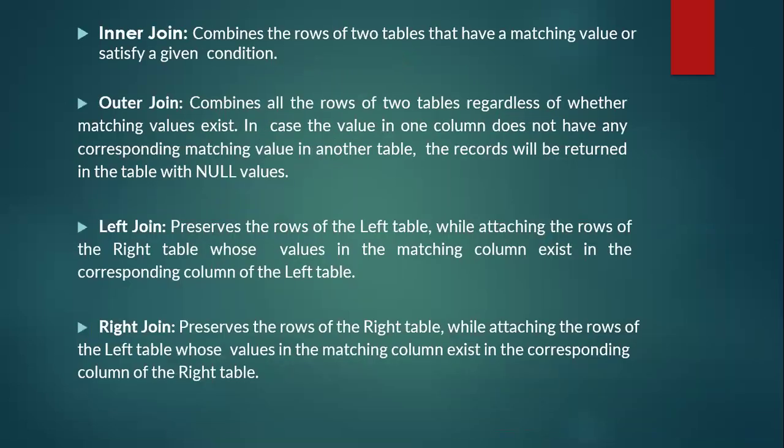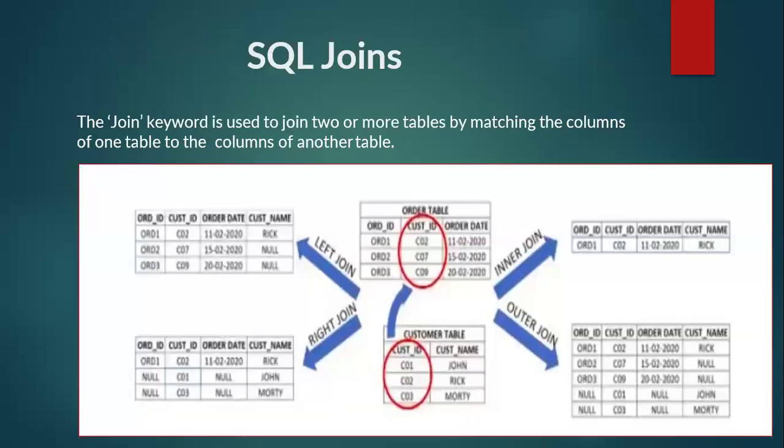Now, right join is just, you can say, the vice versa of the previous one, the left join. It preserves the rows of the right table while attaching the rows of the left table whose values in the matching column exist in the corresponding column of the right table. So right join will return all the records from the right table, and the matching records from the left table.